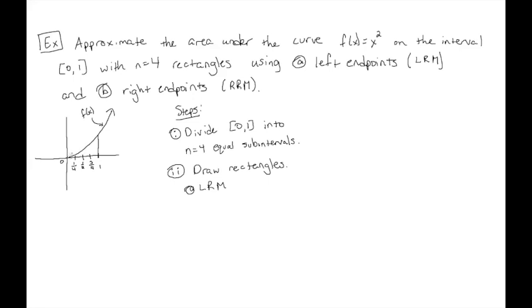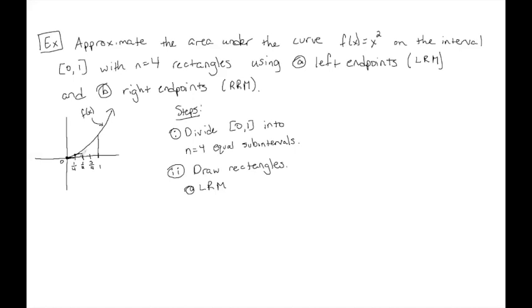So the left endpoint of the 0 to 1/4 is right here. And here's where the function is. So the height, it turns out, is 0 in this case. So I don't really have a rectangle. It's just sort of a horizontal line. There's nothing there. Okay. In this case, f of 1/4 is right around here. So I draw a straight line over, and then I drop it at the next interval.